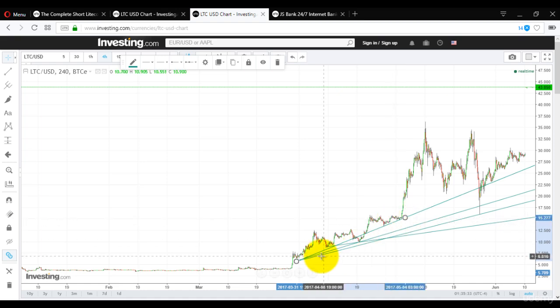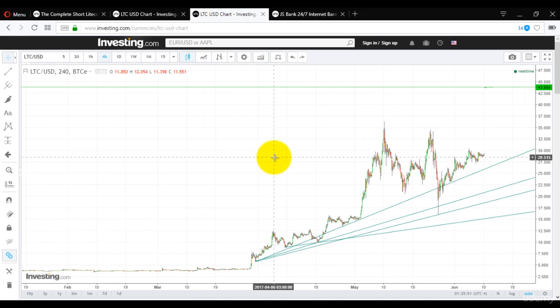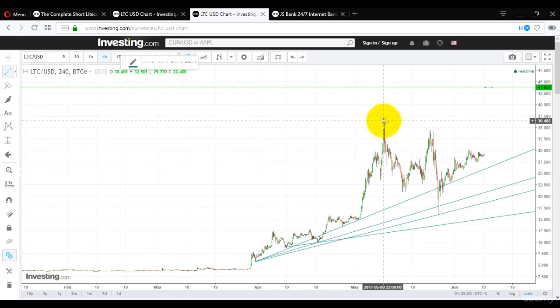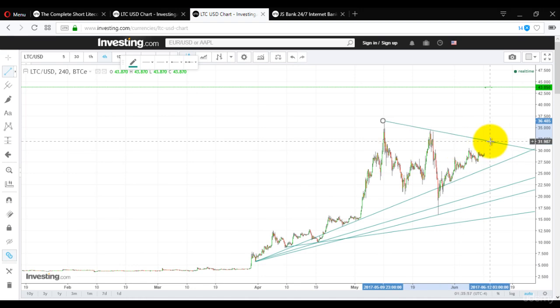As you can see, this fourth line is made from this low, this low, this low, this low. So as many lows on a line, it makes that line far stronger. As you can see, this was a stronger line. It did dip, but then again came back up because this is a strong line going up. However, now let's check the downward movement. This high, this high.